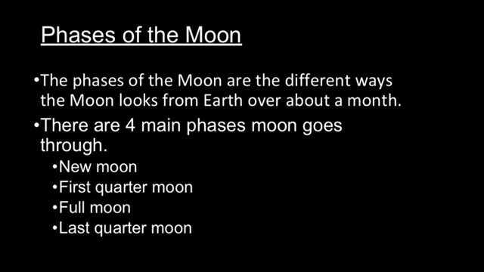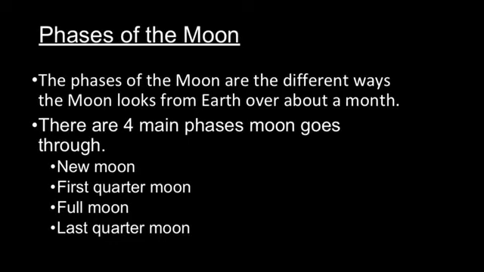Phases of the moon. The phases of the moon are the different ways the moon looks from Earth over about a month. There are 4 main phases the moon goes through: new moon, first quarter moon, full moon, and last quarter moon.